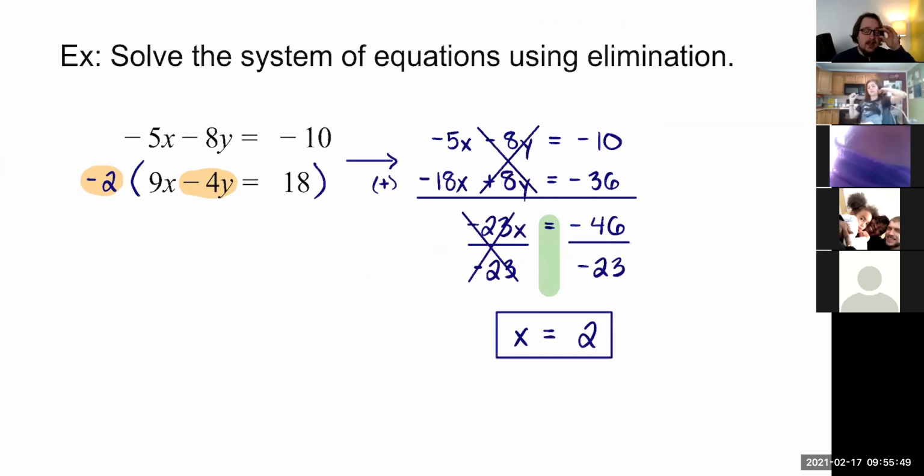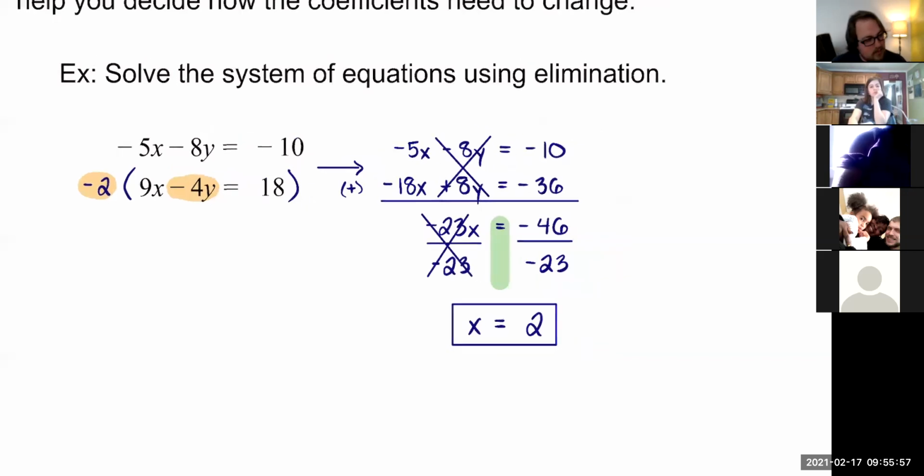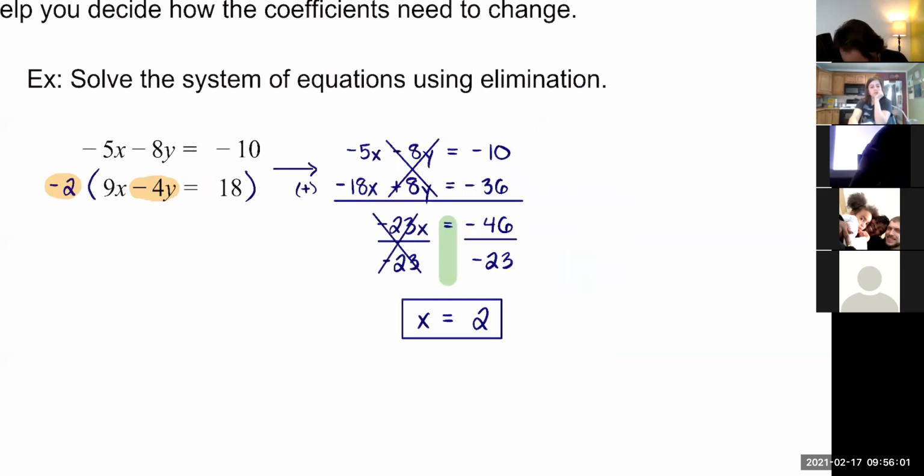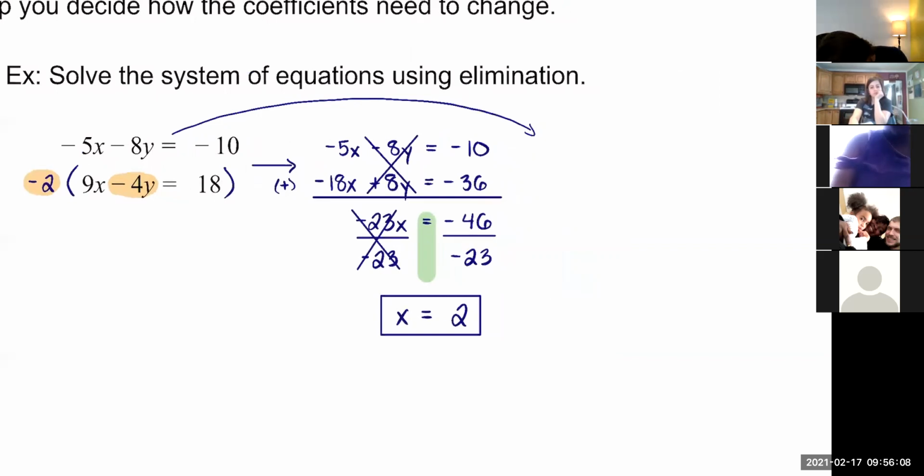Now, I claimed that we can use either one of these equations. Does anyone have a preference? Would you like to use the top or the bottom of the original equations? Top. Top one? Okay, I had no preference. So I'm going to take this top equation and bring it over here. So I have negative 5x minus 8y equals a negative 10.